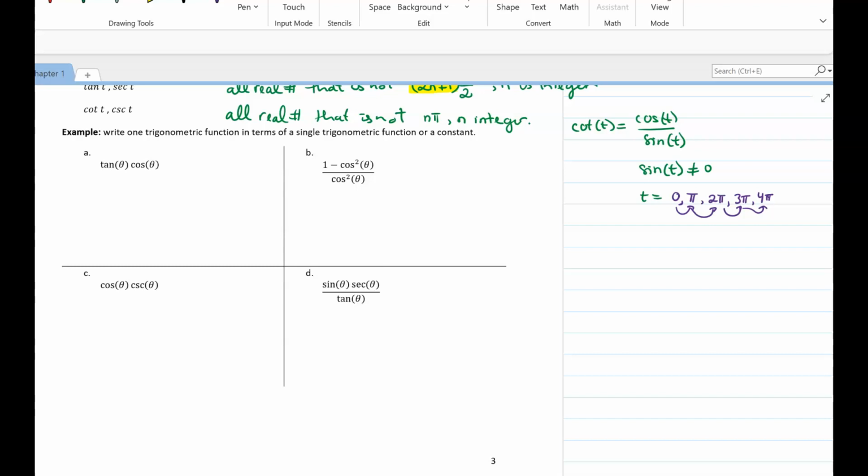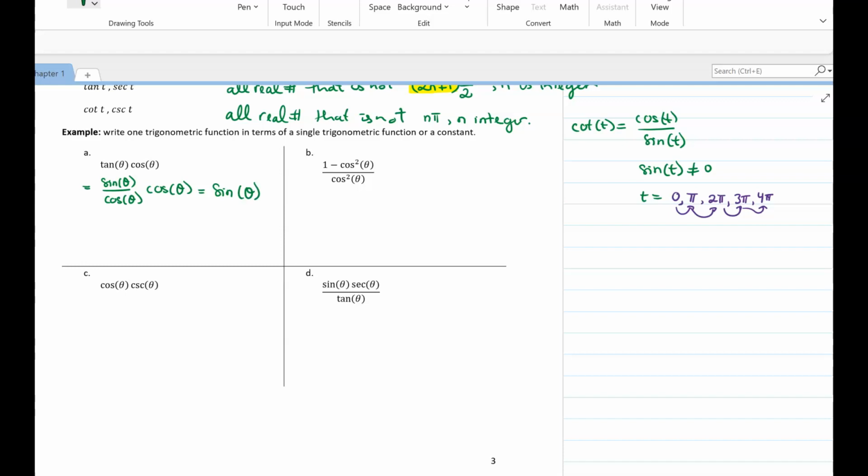So let's take a look at this one. I can rewrite tangent of theta as sine of theta divided by cosine of theta, times cosine of theta. I can cancel cosine of theta and we are left with sine of theta.